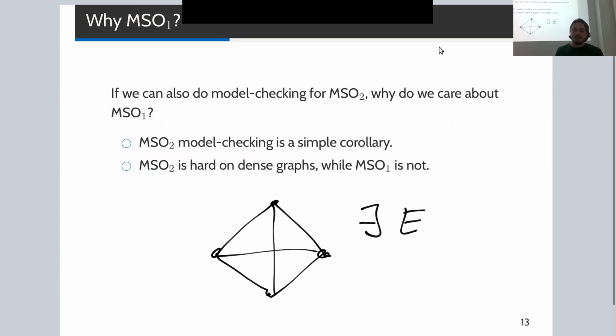This is a very hard problem: deciding whether a formula of length n is satisfiable by some graph of size n. You cannot do this in FPT time, the way you can for MSO1.